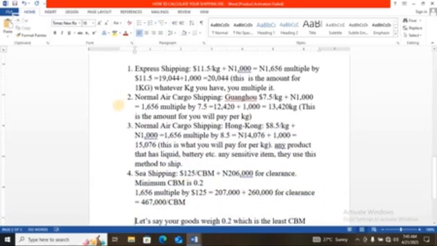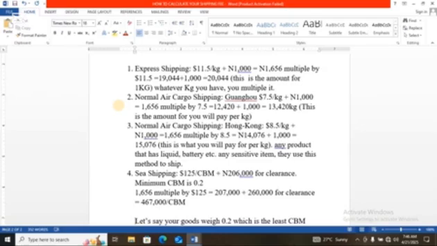Now let's do the calculation and find out how much you are going to pay if you are using the express shipping per kg. Let's say you bought an item that weighs 1 kg. How much are you going to pay if you are using express shipping? Let's say you bought an item of 1 kg also.